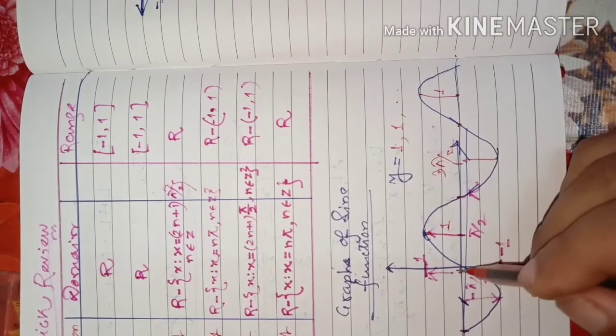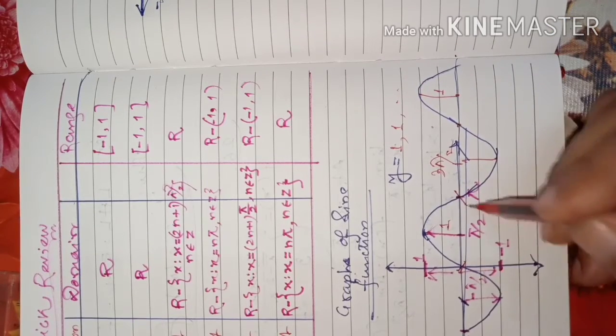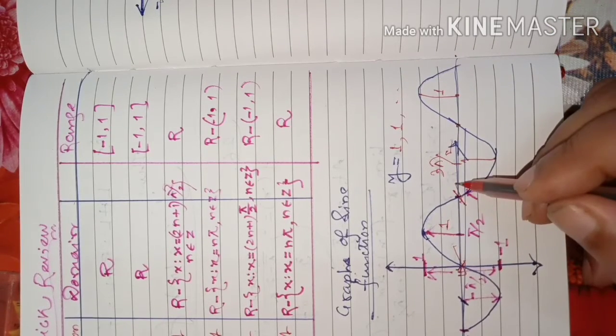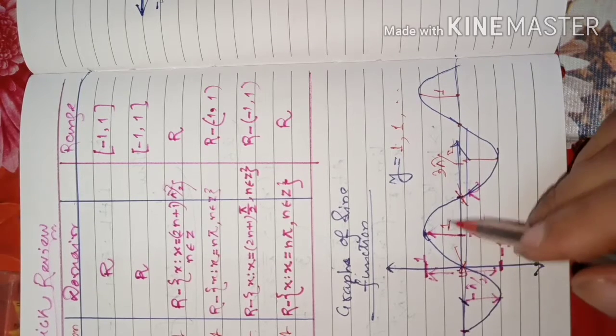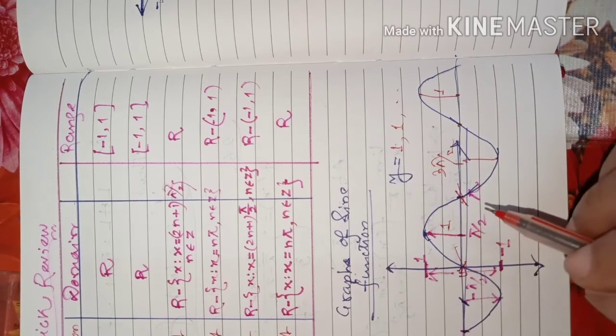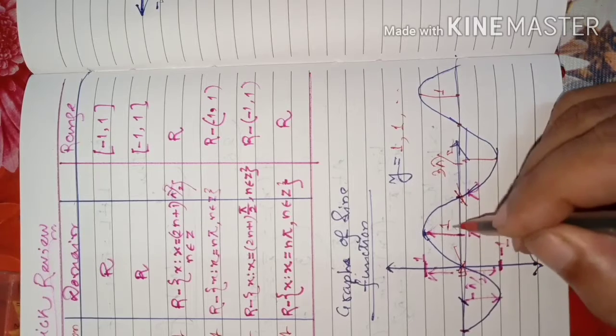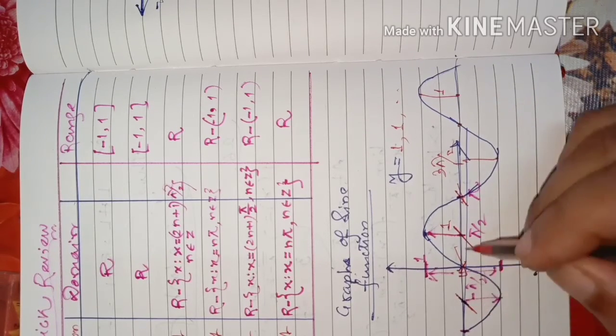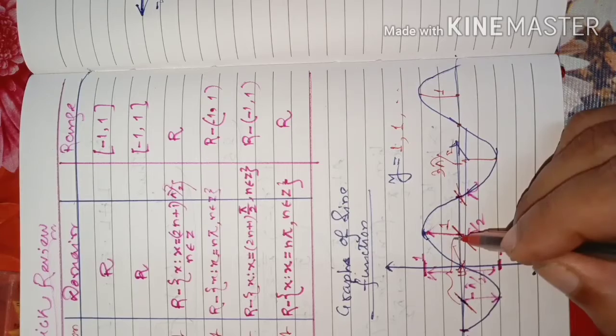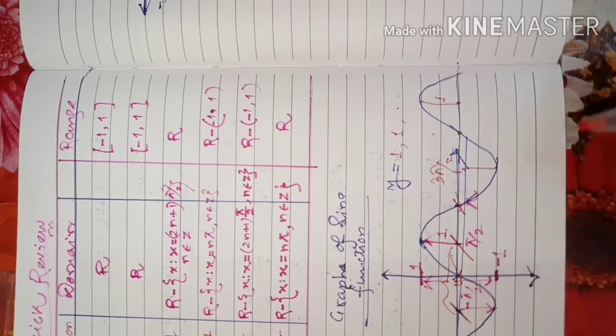But if we restrict the domain, suppose we think between two values of the domain, then you may see a portion of the graph where the values are not repeated. If I talk about pi by 2 and -pi by 2, between these two points on the domain, see how the part of the graph looks.